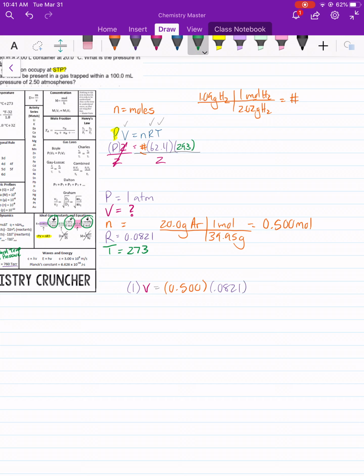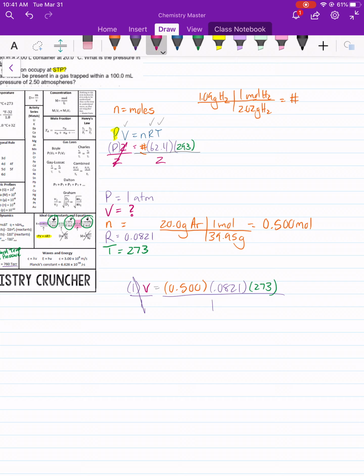And T we said was 273. All right. So here, if I want V by itself, on a side by itself, don't divide this the wrong way. I would need to divide this side by 1, which cancels this out, which leaves V by itself, which means I divide this side by 1. So basically 0.5 times 0.0821 times 273.